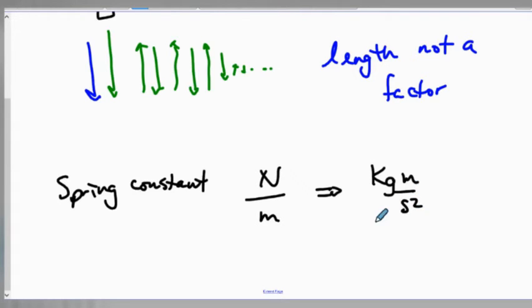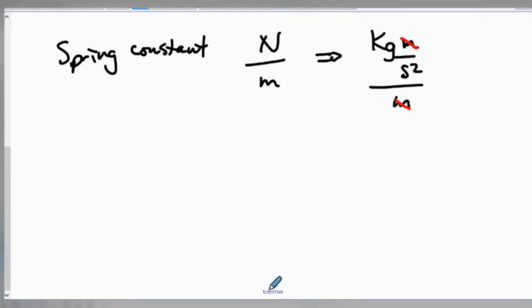And when you take that and divide it by a meter, the units of meters are going to cancel. So the spring constant, we're using newtons per meter, but 1 newton per meter is the same thing as saying 1 kilogram per second squared.